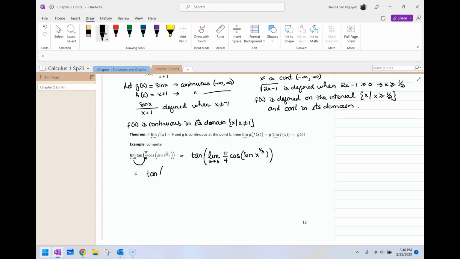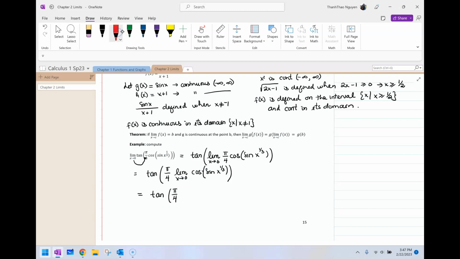Then I get tangent of pi over 4 times the limit as x approaches 0 of cosine of sine of x to the 1/3. So then tangent of pi over 4.